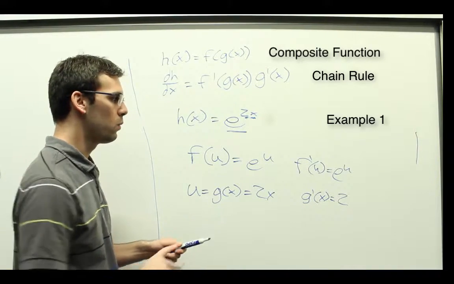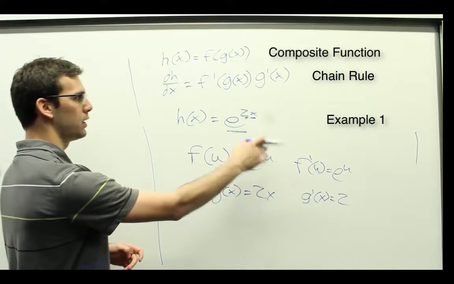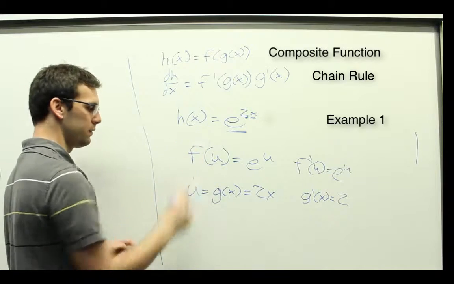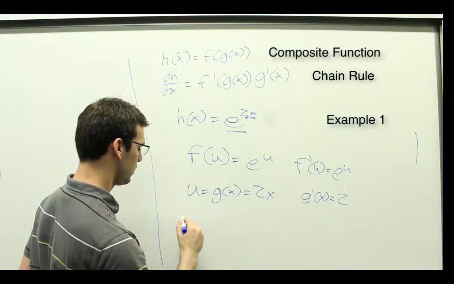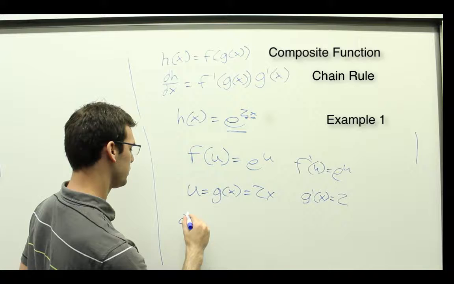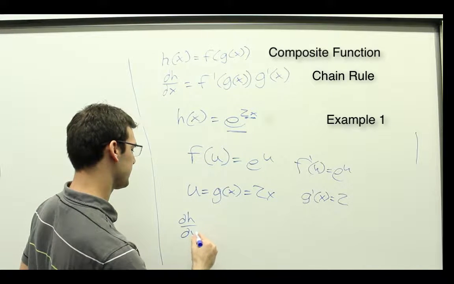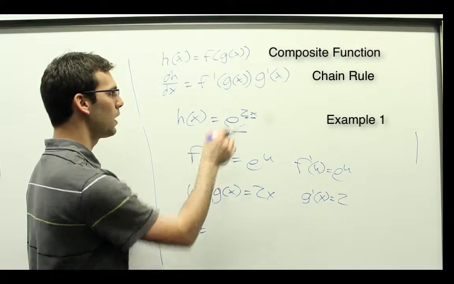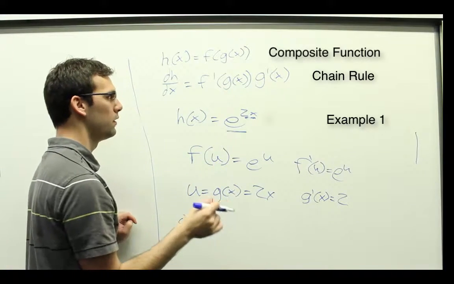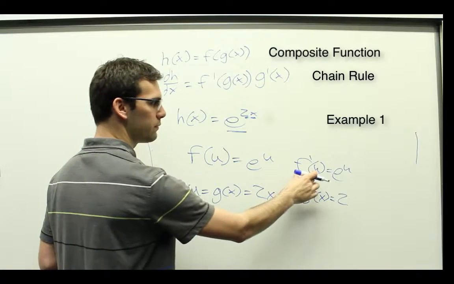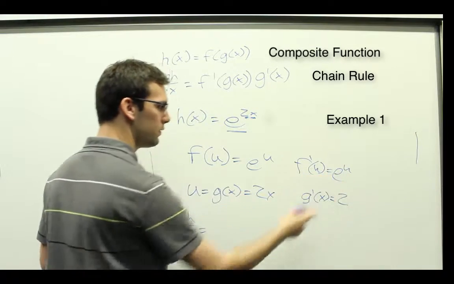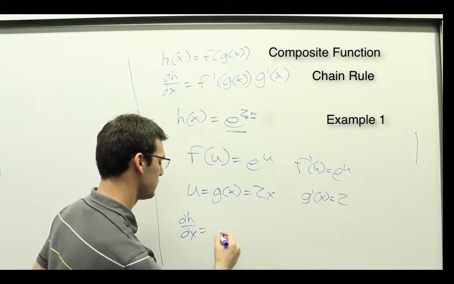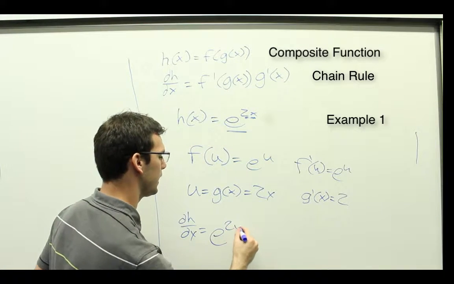So with this, we can go ahead and apply this rule to find the derivative of h of x. So dh over dx is equal to f prime of g of x. So f prime of g of x, so e to the 2x.